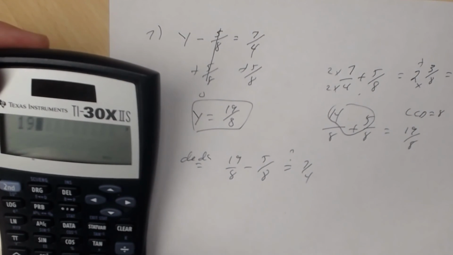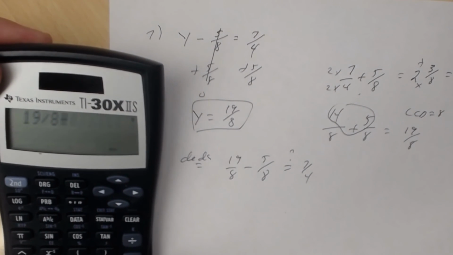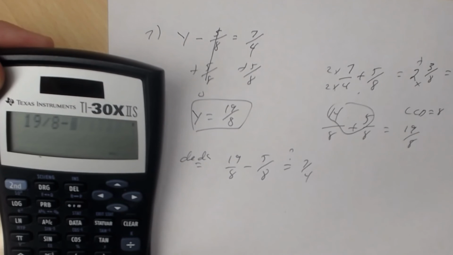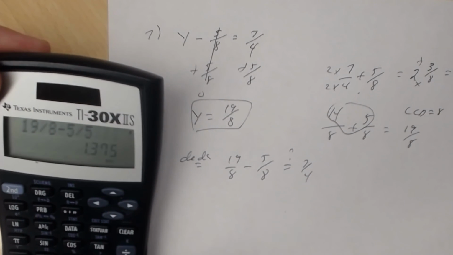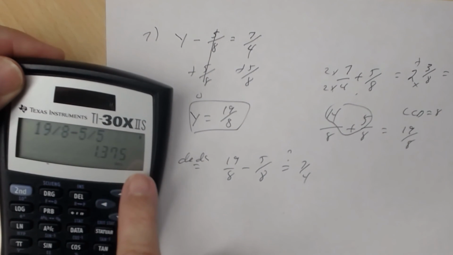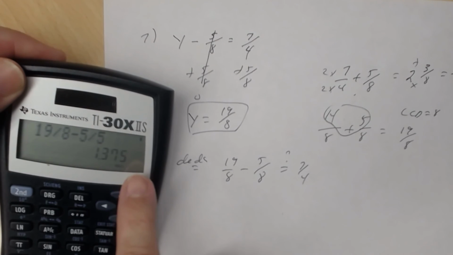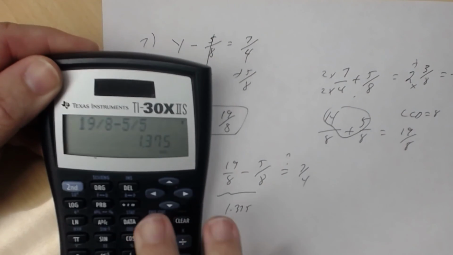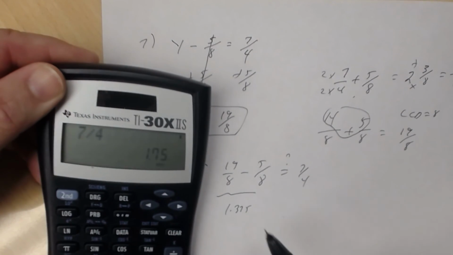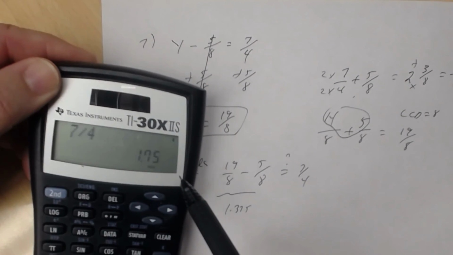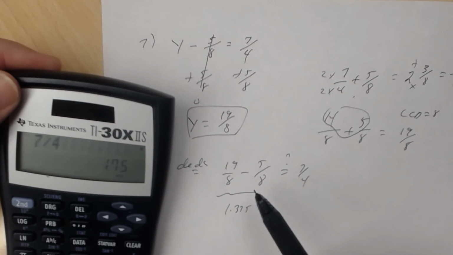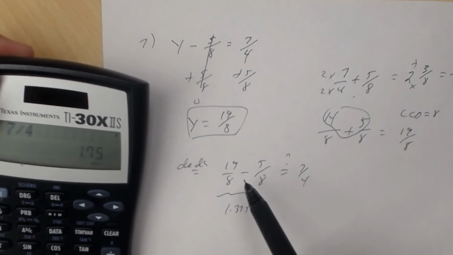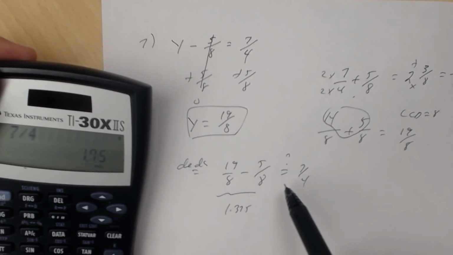So you're going to say 19 divided by 8 subtract 5 divided by 8 equal, and you get this decimal, 1.375. Over here, 7 divided by 4, notice that's 1.75. All right, so let's see what I did. 19/8 minus 5/8, and we see that's 7/4.